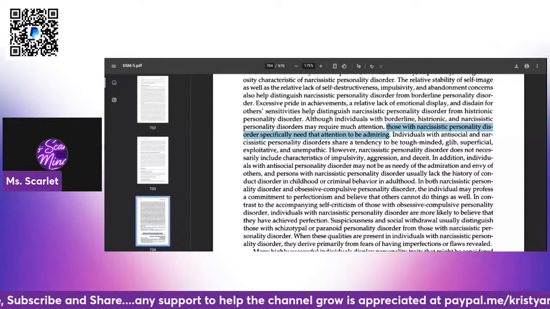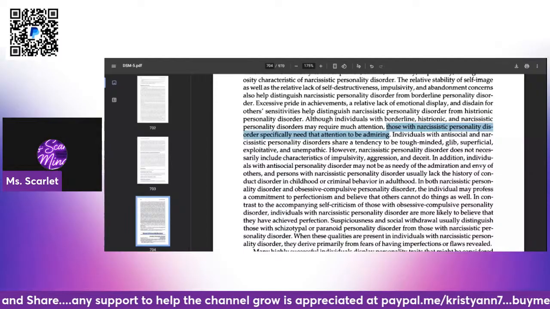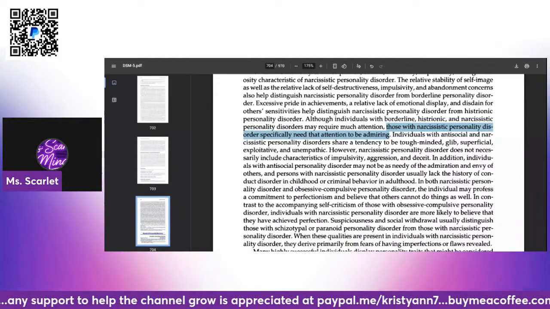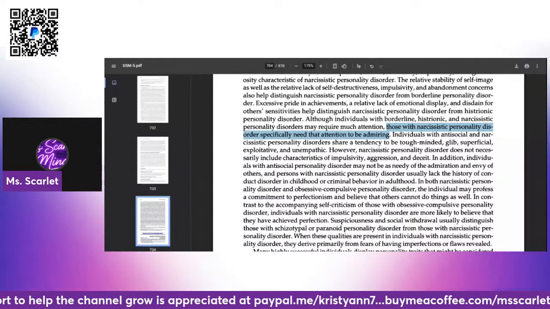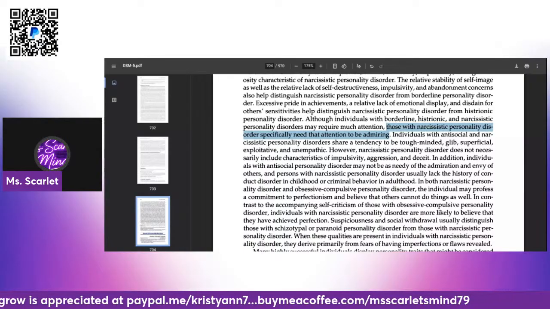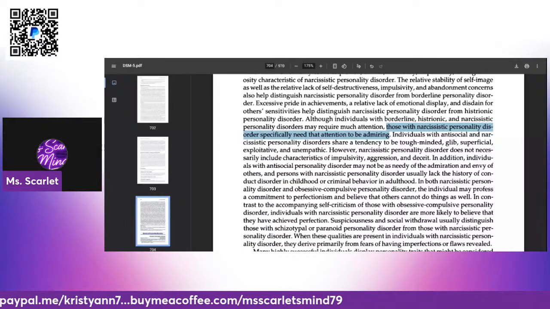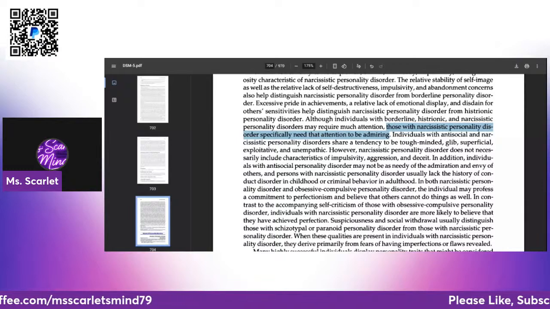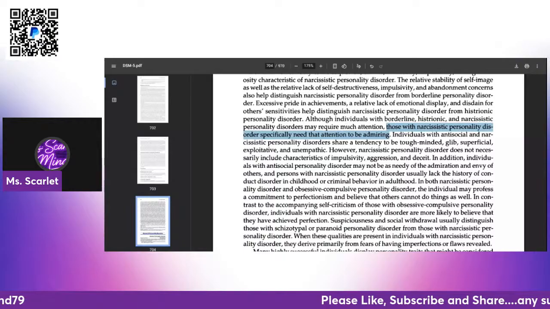Anyways, in both narcissistic personality disorder and obsessive compulsive personality disorder, the individual may profess a commitment to perfectionism and believe that others cannot do things as well. In contrast to the accompanying self-criticism of those with obsessive compulsive personality disorder, individuals with narcissistic personality disorder are more likely to believe that they have achieved perfection.